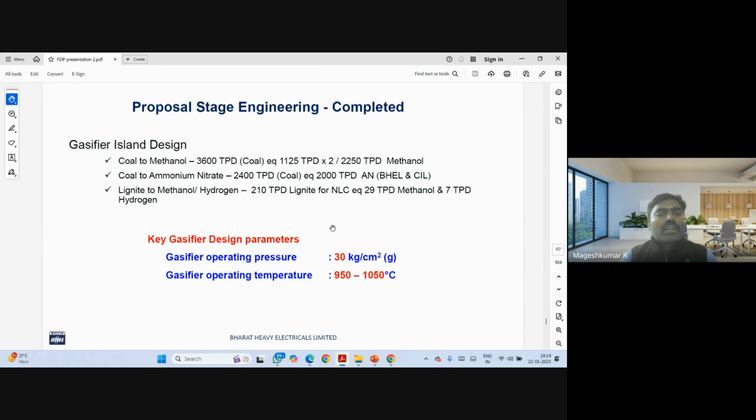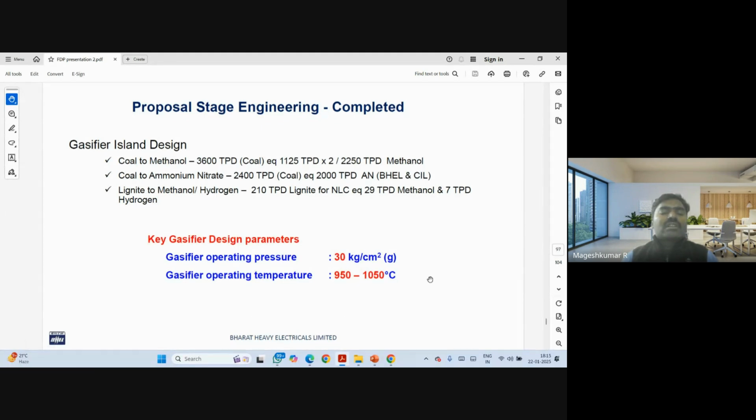With respect to coal to ammonium nitrate, we are able to do around 2400 tons per day coal equivalent. This project is already commercially signed. It is at an advanced stage, and implementation is going on. Few of the packages have been awarded and are getting manufactured. The other projects are in process.